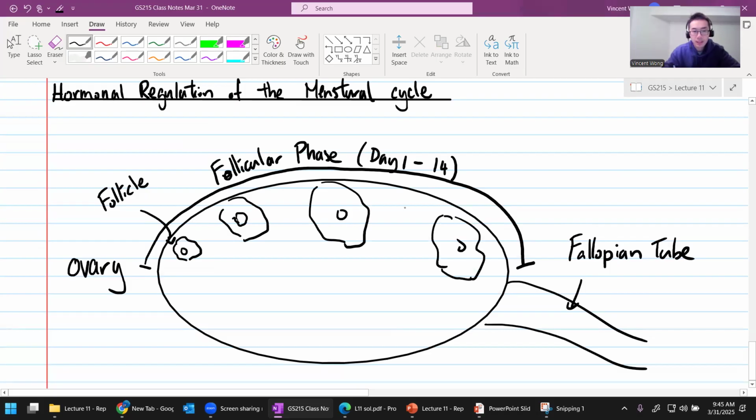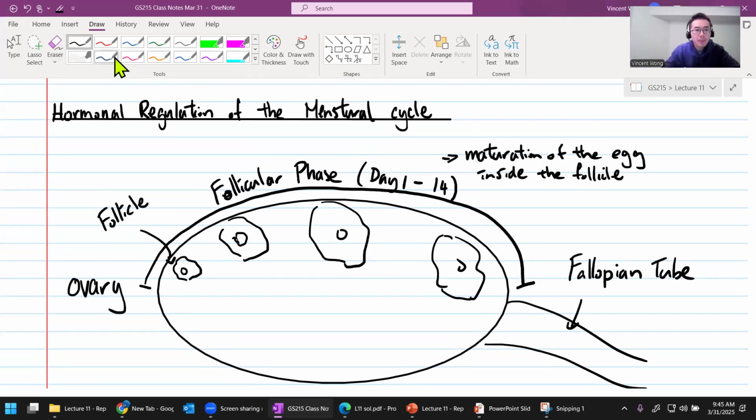So follicular phase: maturation of the egg inside the follicle. One follicle will be chosen and it will develop.